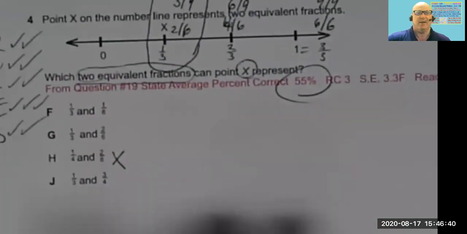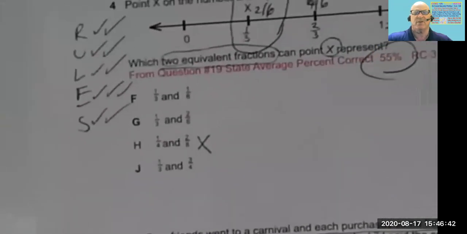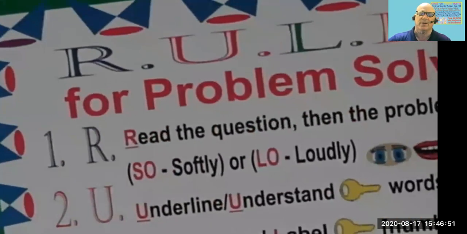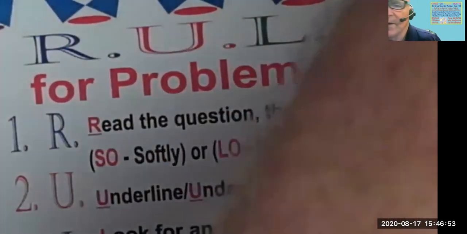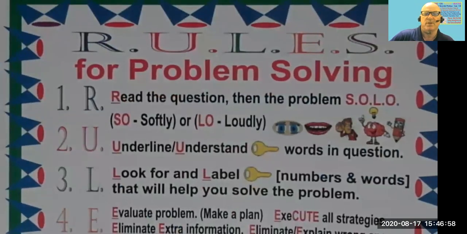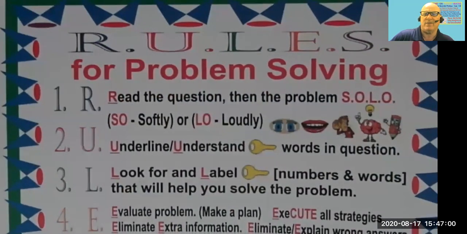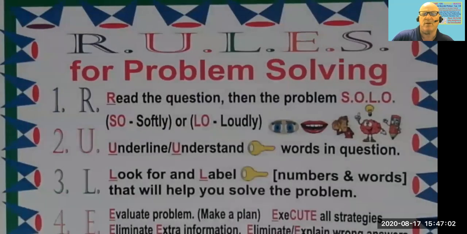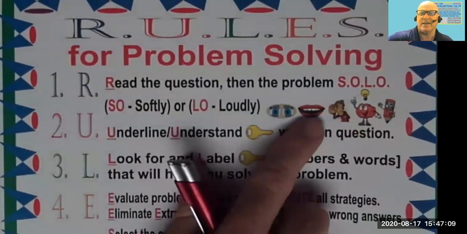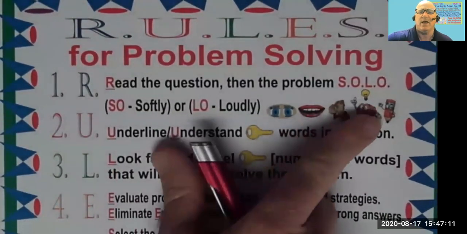All right. For those of you that have been watching my videos before, we always write the word RULES on the left-hand side of the problem. It's just a checklist of things, and it basically stands for the following. This is my mathematics chart that you'll get a copy of as part of the webinar, students. We're going to read the question and the problem SOLO. Sometimes it's okay to read the problem first. Sometimes we should read the question. SOLO stands for softly or loudly, so that you can see, say, hear, listen, think, and write.